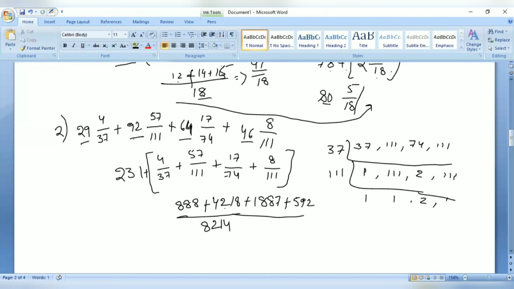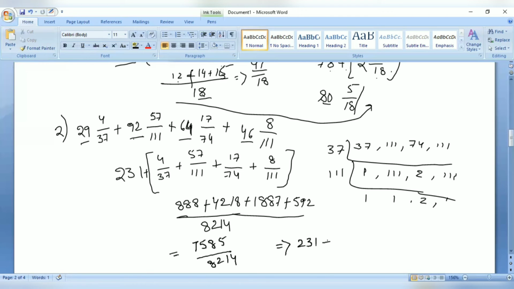Now, if you add 888 plus 4218 plus 1887 plus 592, the value goes to 7585 divided by 8214. So now what is it that we need to do?